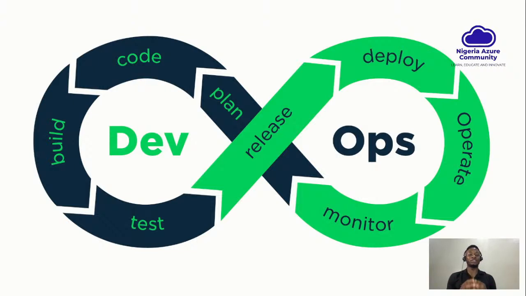But before we get into actually developing and writing any code, for DevOps to be efficient and for us to have a reliable system of delivering software to end users, we first start with something called requirements gathering.